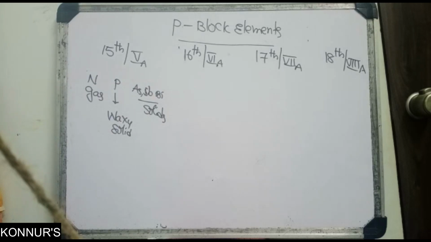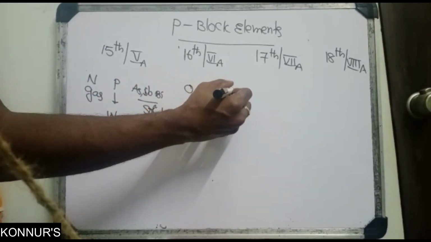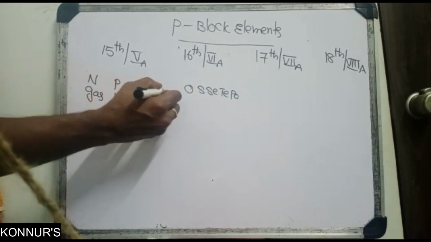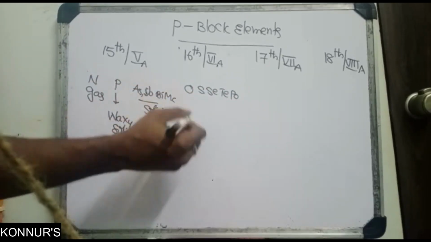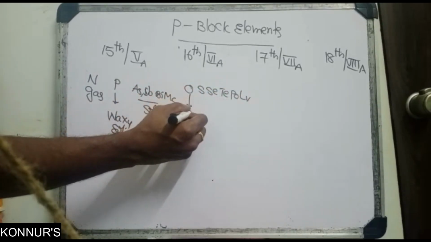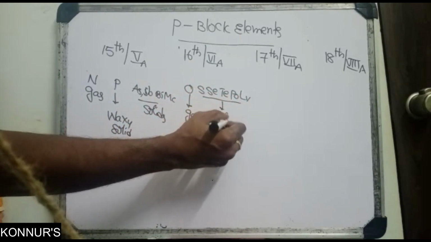Suppose you go to the 16th group: oxygen is a gas. Oxygen, sulfur, selenium, tellurium, polonium. Actually moscovium and livermorium are radioactive. So oxygen is the only gas. Next, these are solids only.